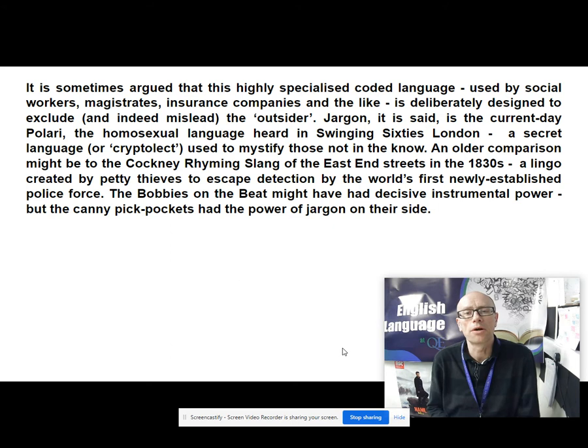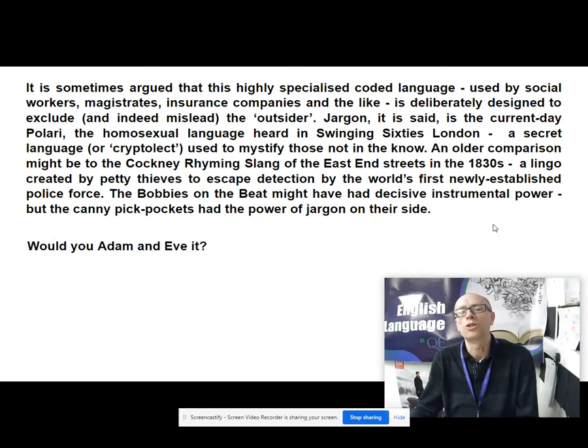An older comparison might be the Cockney rhyming slang of the East End streets of the 1830s, a lingo created by petty thieves to escape detection by the world's first newly established police force. The bobbies on the beat might have had decisive instrumental power, but the canny pickpockets had the power of jargon on their side. Would you Adam and Eve it?"